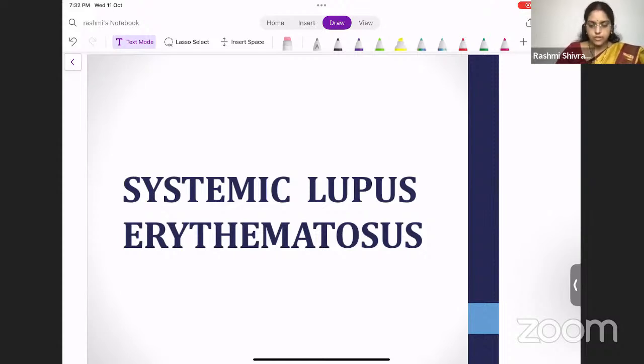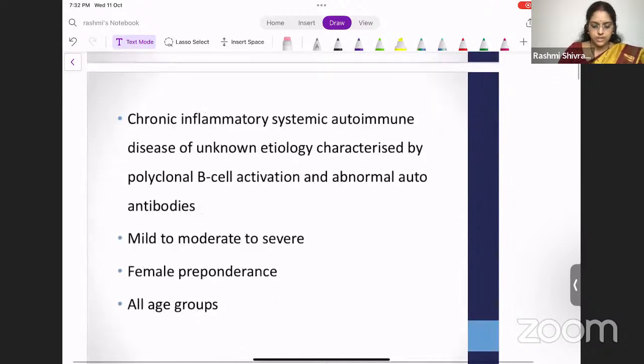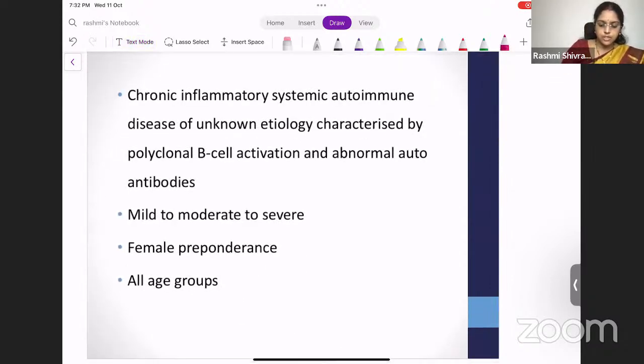So let us continue. What is SLE basically? It is a connective tissue disease, CTD. It is a chronic inflammatory state and has systemic manifestations. It is a chronic inflammatory systemic autoimmune disease, right?